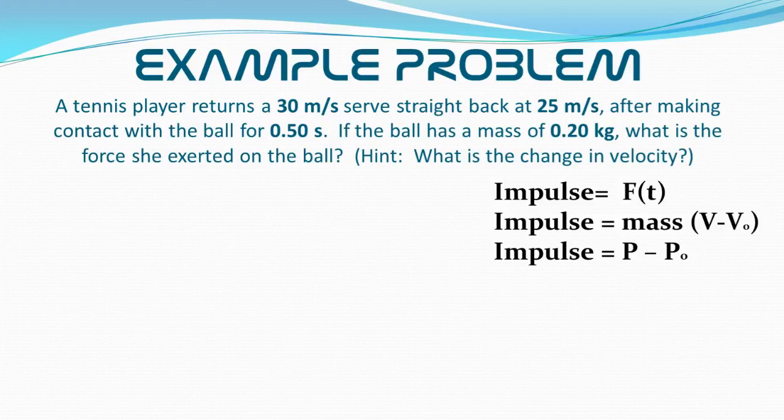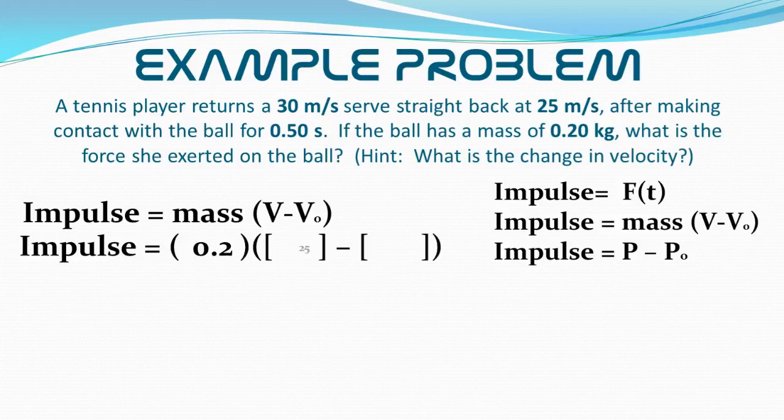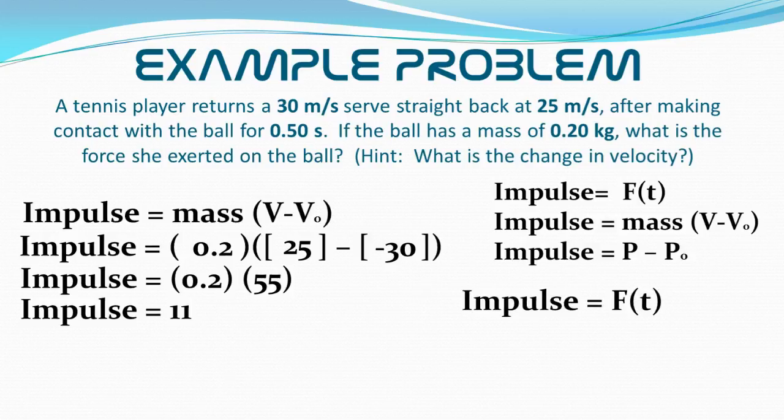We were given the 2 velocities and the mass, so I'm going to use this formula right here. Mass is 0.2, final is 25, initial is negative 30. 25 minus negative 30 is 55, times 0.2 gives us an impulse of 11. If I wanted to find my force, and I know that it was applied for 0.5 seconds, I could simply plug in and solve for my force.